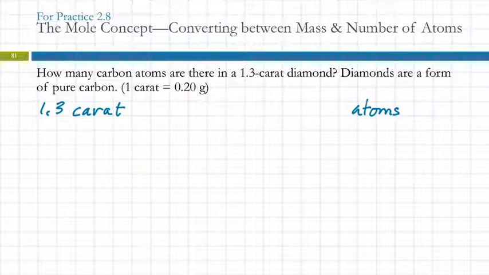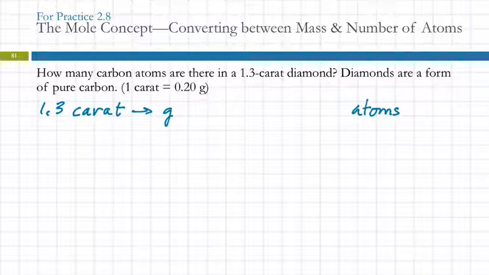So how to get from carats to atoms? First, we're going to use this to get from carats to grams. They gave that to us because that's a kind of a weird one. And then getting from grams to atoms, moles.